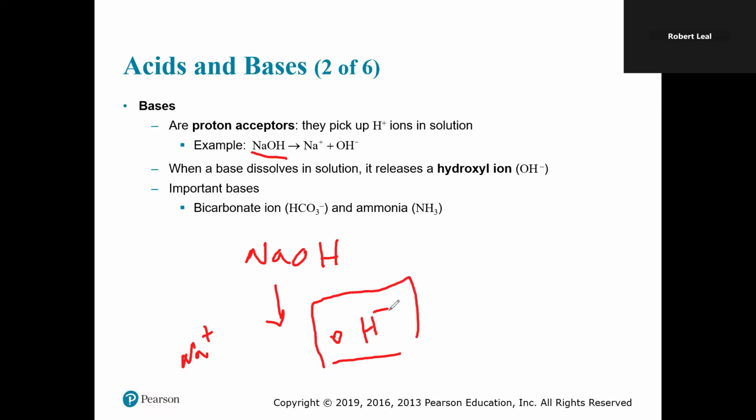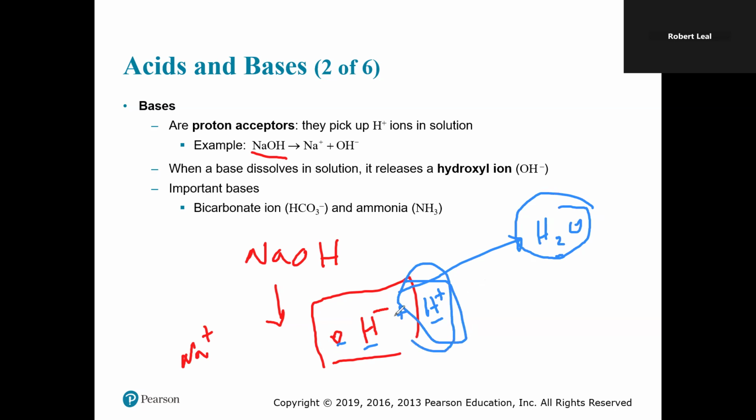Well, when a base hits water, you have this hydroxide floating around. And if there are any hydrogens around it, it will add to the hydrogen and make water, H2O. You have one hydrogen here, one hydrogen here, counting for the two. And there's the O, now making H2O. So bases typically uptake hydrogens, whereas your acids, they donate hydrogens.